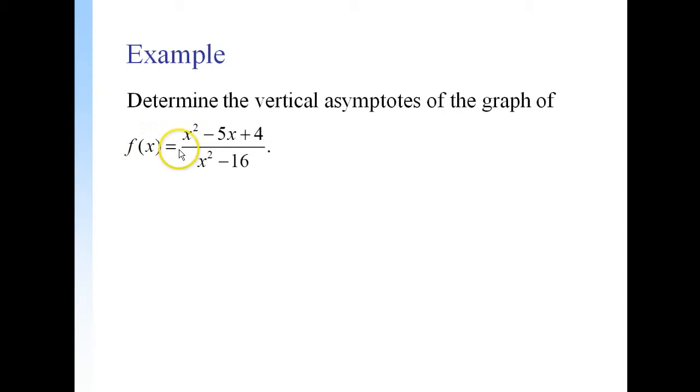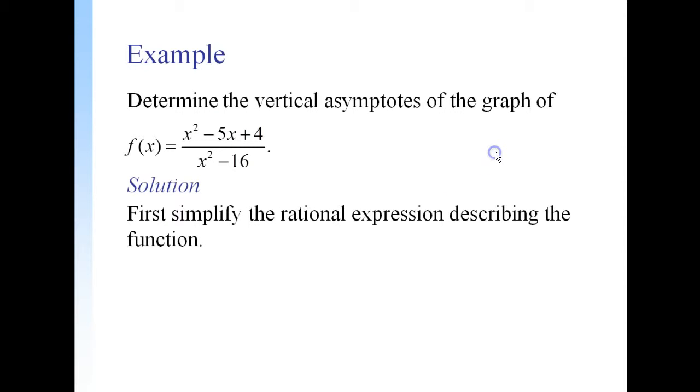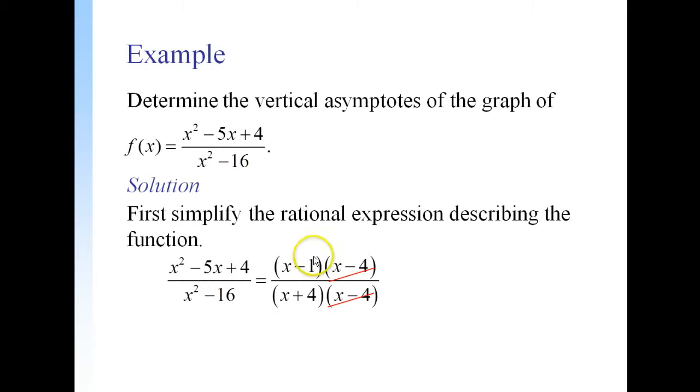So here's the function. We want to simplify this function, so we factor it, and we end up with this. Now, as I said in the beginning, when we are defining the domain of rational expressions, sometimes values of x are not included.